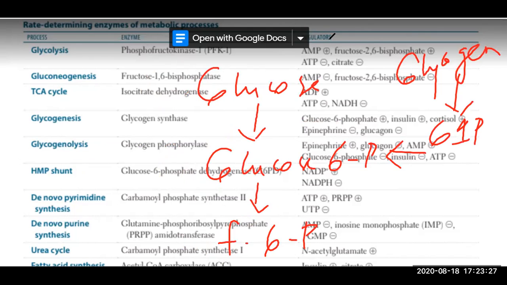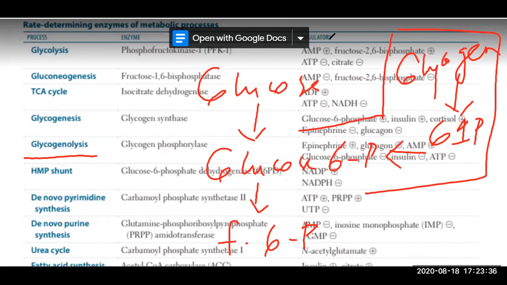So what is going on in this picture which I have drawn? This is your glycogenolysis and so on, and this is your glycolysis. So they are interconnecting with each other at this step.